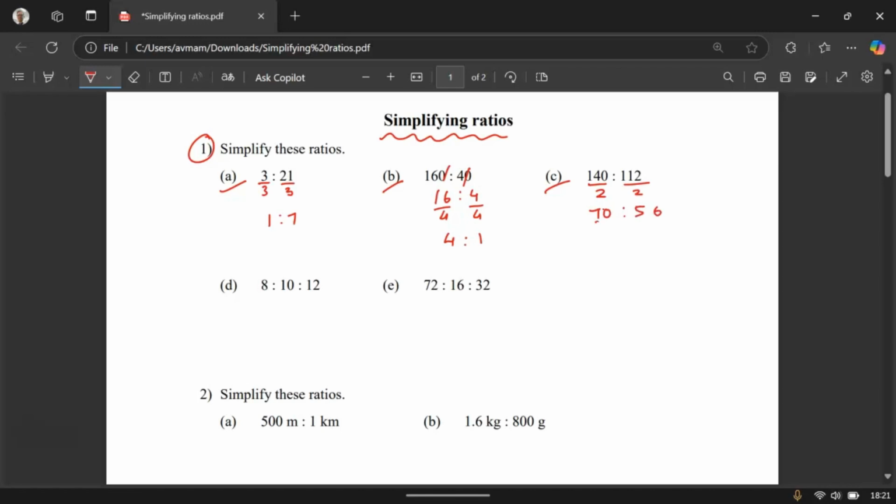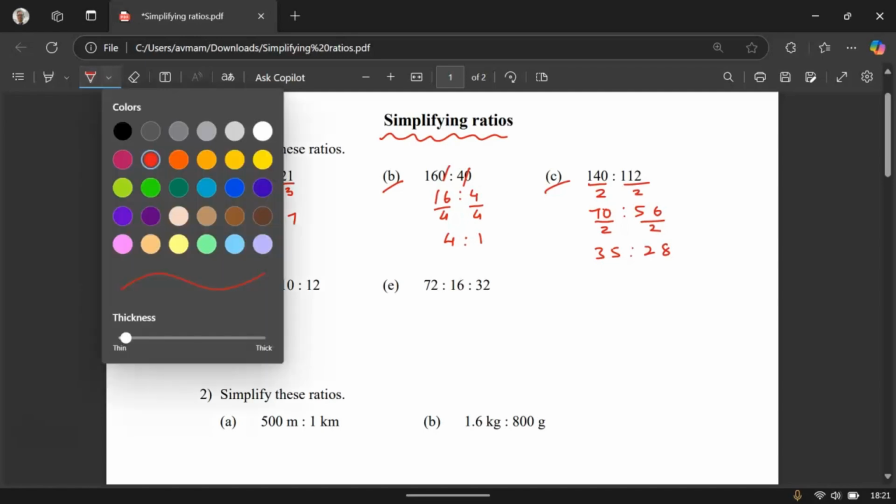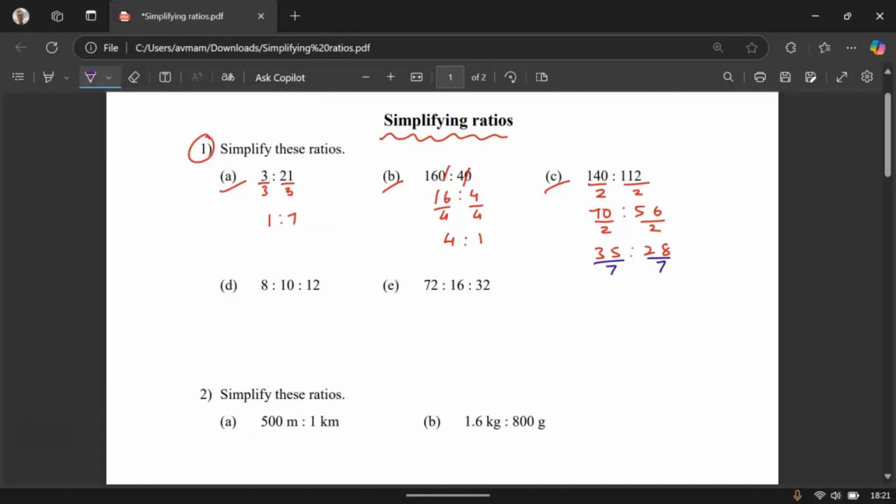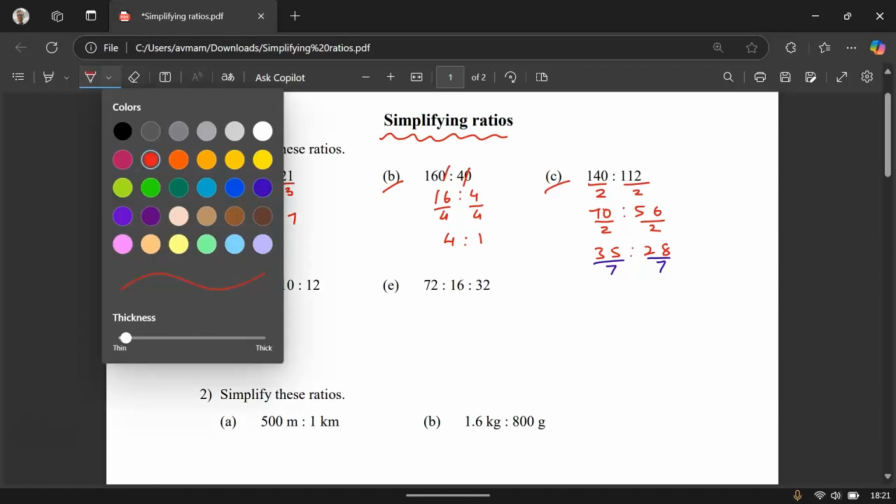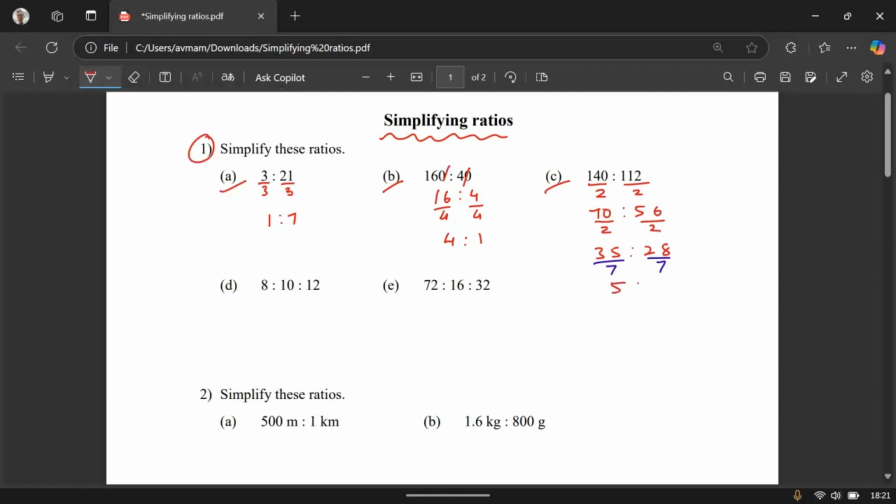Again divide by 2. This gives me 35 to 28. You can divide by 7. When you divide by 7, you will have 5 to 4.